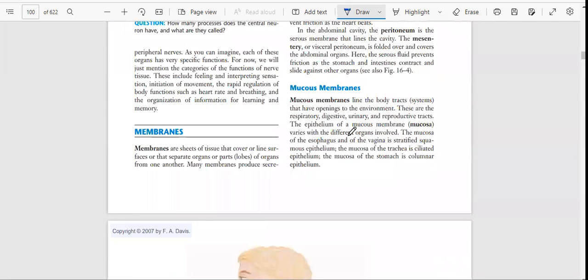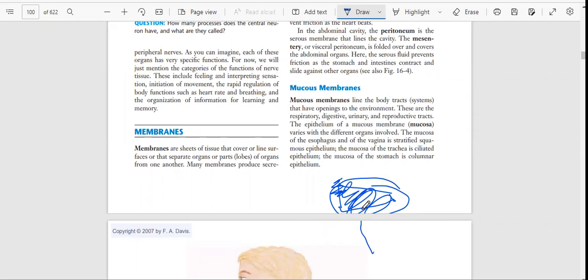So basically the membranes are sheet-like things. Like here, if this is the liver, the liver is covered by one type of sheath. Why is this done?